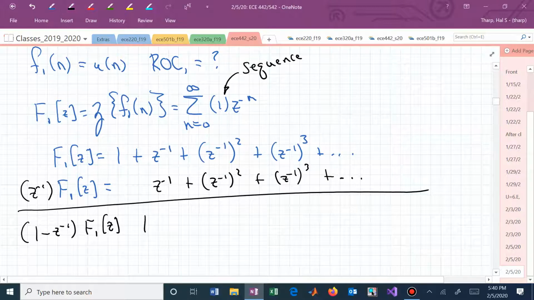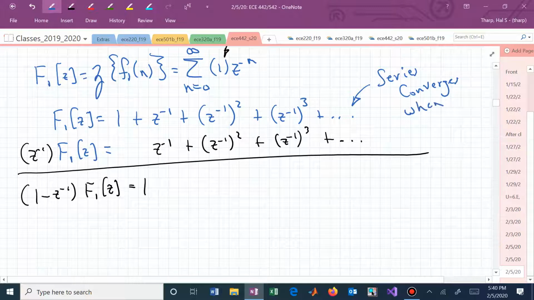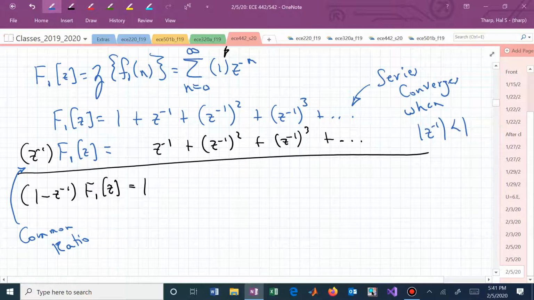But when do those two series converge? It converges when that common ratio has a magnitude less than 1. Here's our common ratio, z to the minus 1.